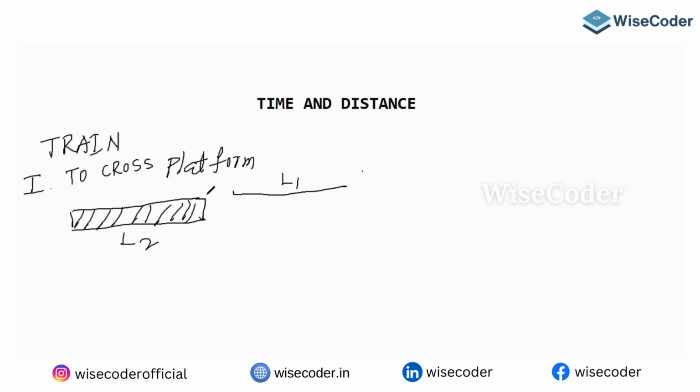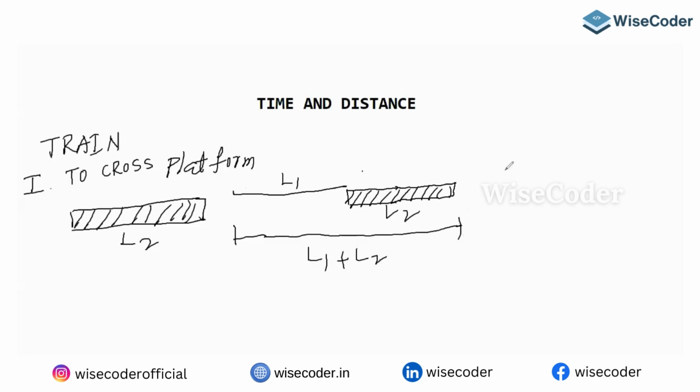But look here, we need to take the platform length into consideration. Now the train has crossed the platform, which means this is the total length traveled by the train. What is the length? L1 plus L2.